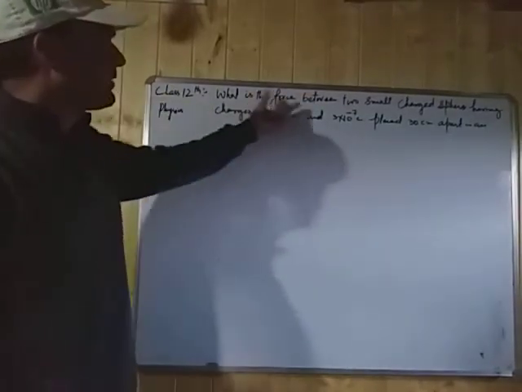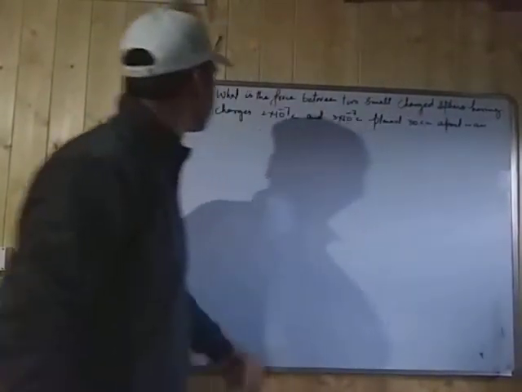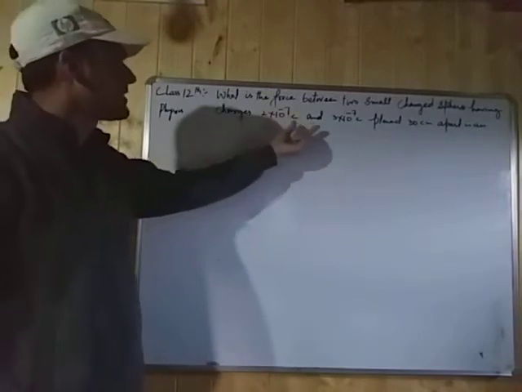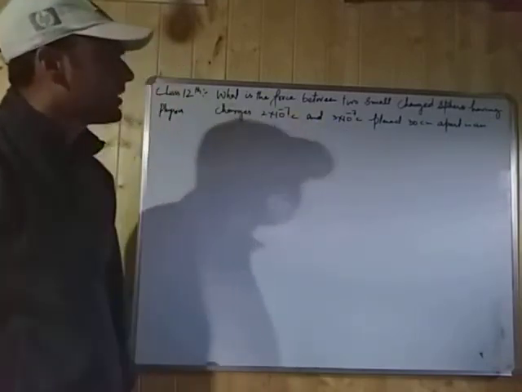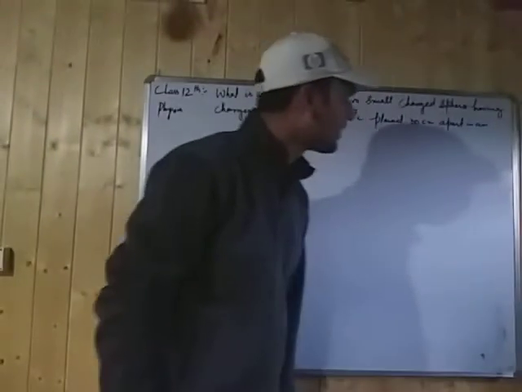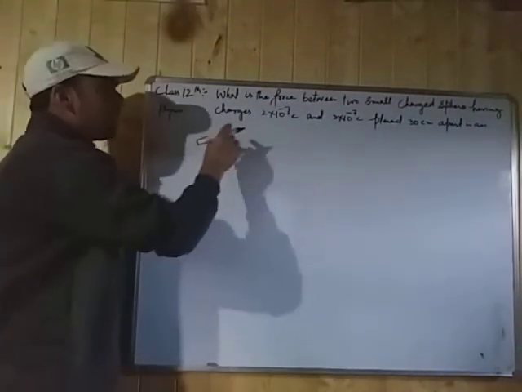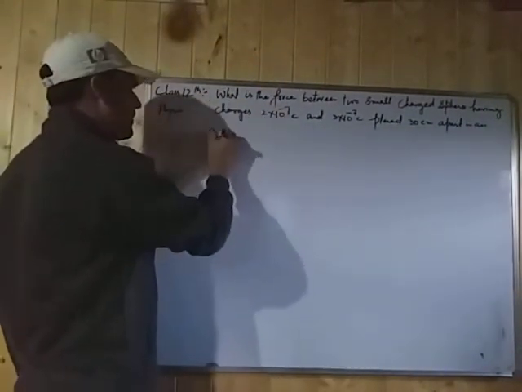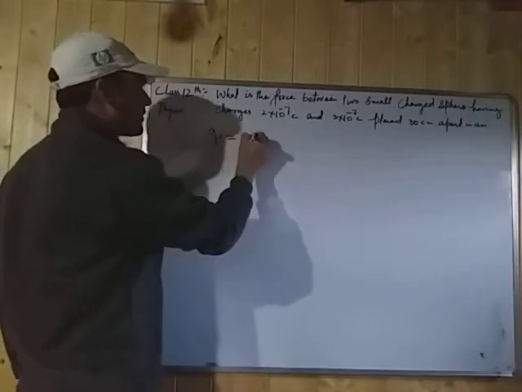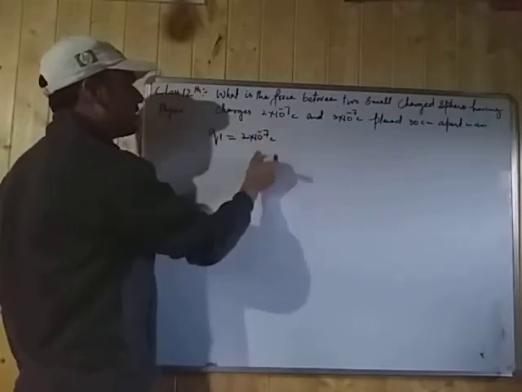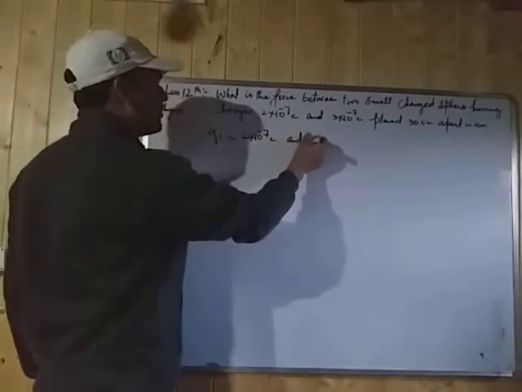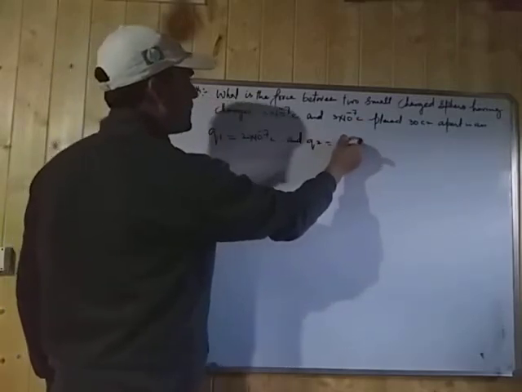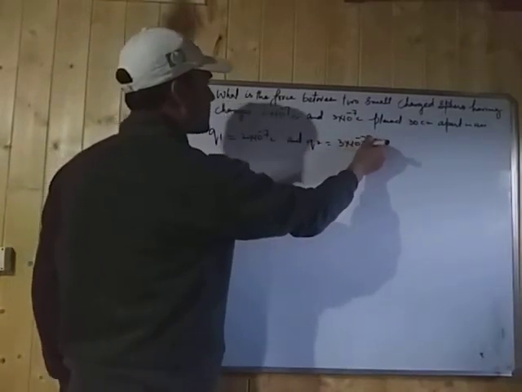So what is the force between the two small charged spheres having charge 2 into 10 raised to power minus 7, 3 into 10 raised to power minus 7, placed 30 centimeters apart in air? So we have two charges here. Q1 is equal to 2 into 10 raised to power minus 7 coulombs, and Q2 is equal to 3 into 10 raised to power minus 7 coulombs.